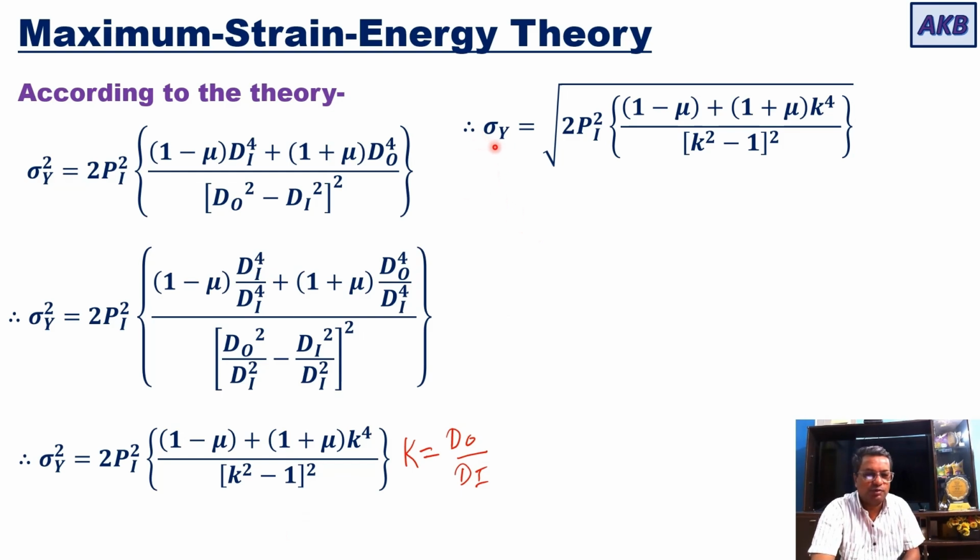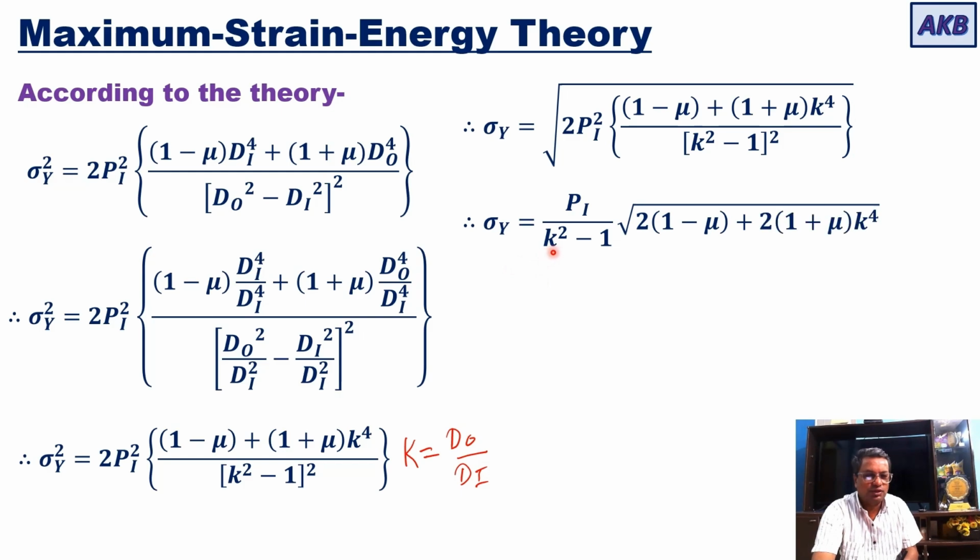So that gives us sigma y as square root of 2 into pi square into 1 minus mu plus 1 plus mu k raised to 4 divided by k square minus 1 square of that. Pi square can come out of the square root, so it will be pi, and k square minus 1 square will come out.